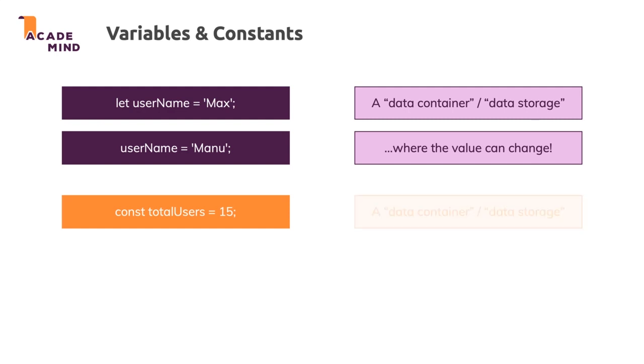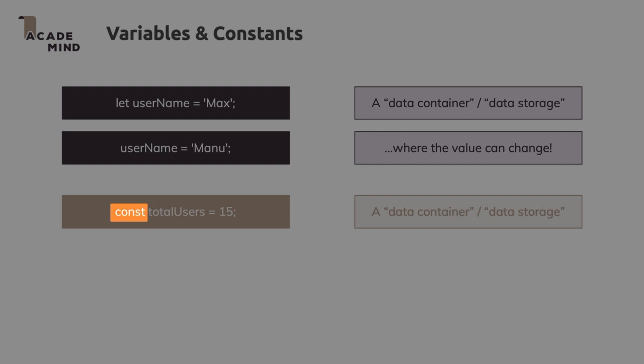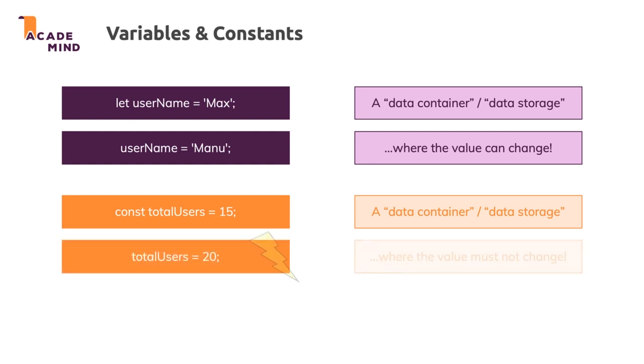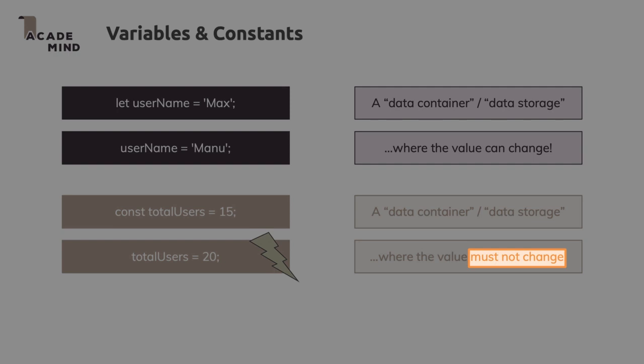Now that's still a data container, but instead of with the let keyword, you create it with the const keyword, another keyword which is built into JavaScript, which JavaScript recognizes and understands. Now the special thing about constants created with the const keyword is that there you can't change the value. If you try to do that, you'll get an error. So there, the values must not change.